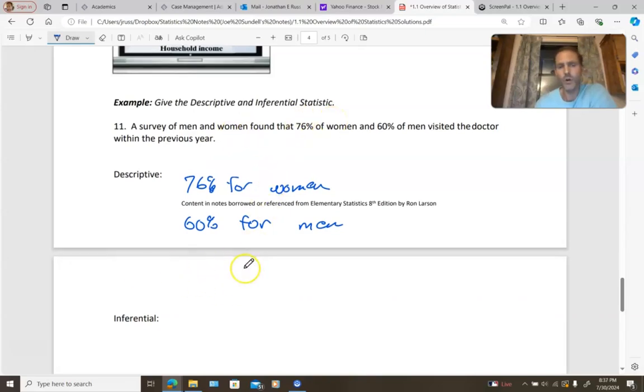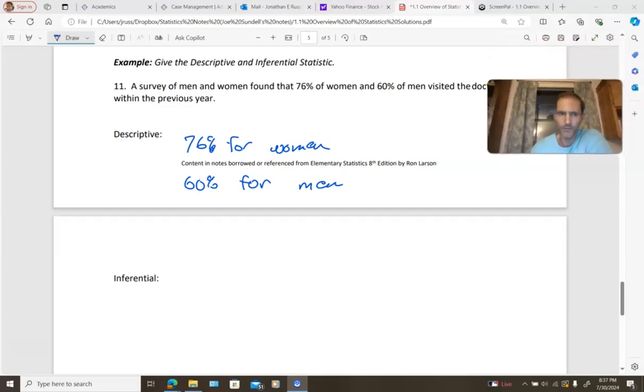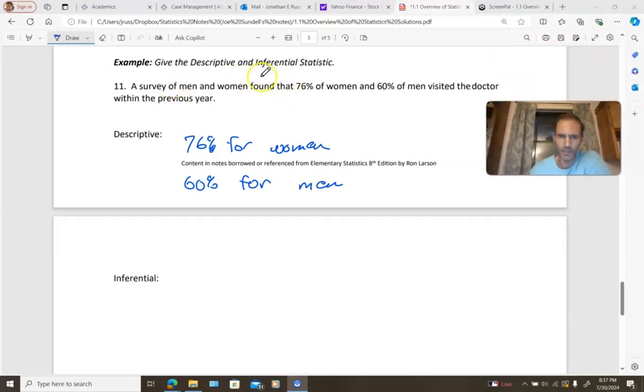Now the inferential part here is to make an inference from this data. And the inference that I would say is that because the percentage of men that visited the doctor within the last year is lower than the percentage of women, we could make some sort of inference, and we could say something like this: men are less likely to visit the doctor.